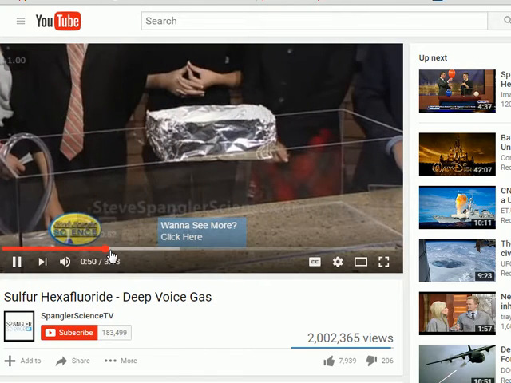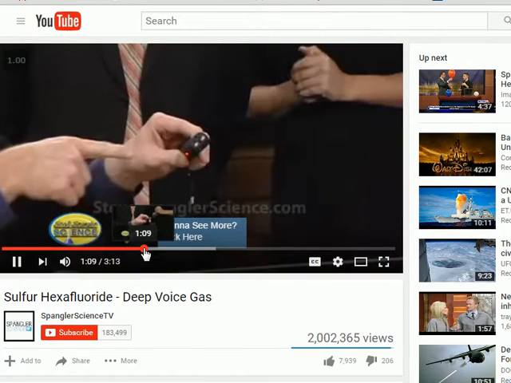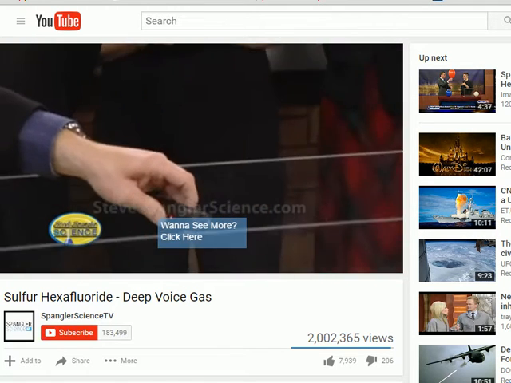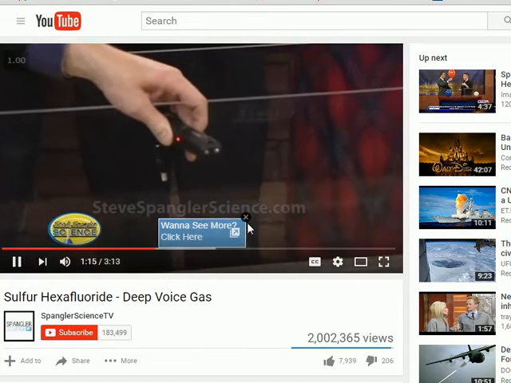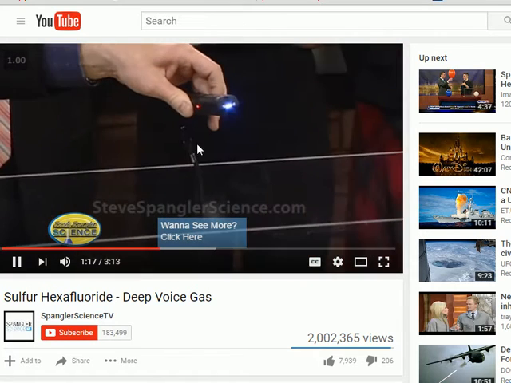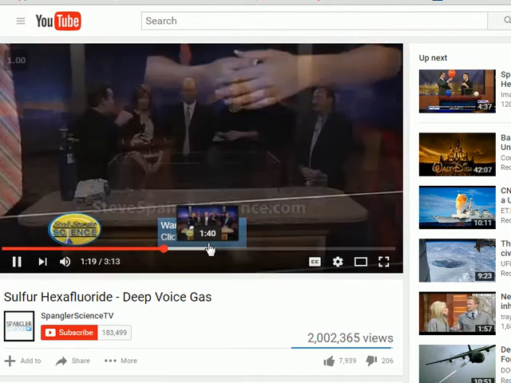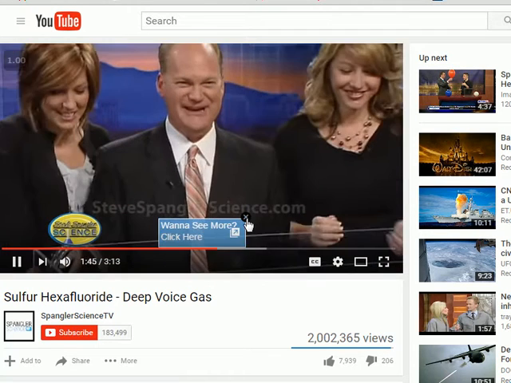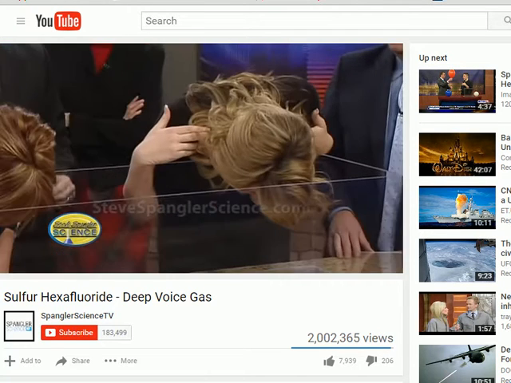So that's really cool. But here he's showing a taser, and how it doesn't work inside the sulfur hexafluoride. It's a completely non-conductive gas. And then here, they're breathing it in.